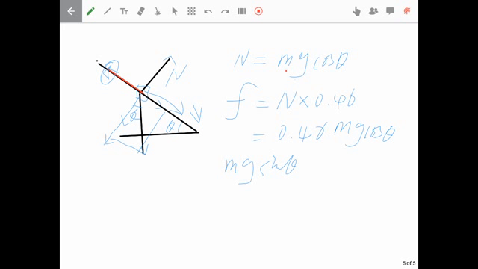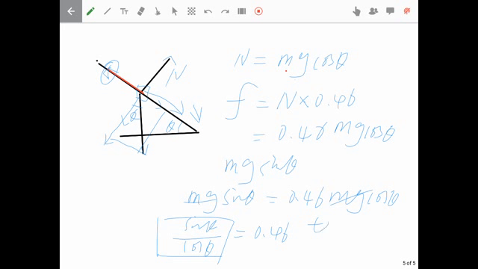So mg sin theta equals 0.46 mg cos theta. The mg cancels out, so sin theta equals 0.46 cos theta, so sin theta over cos theta equals 0.46. That means tan theta equals 0.46, then theta equals tan minus 1 of 0.46.